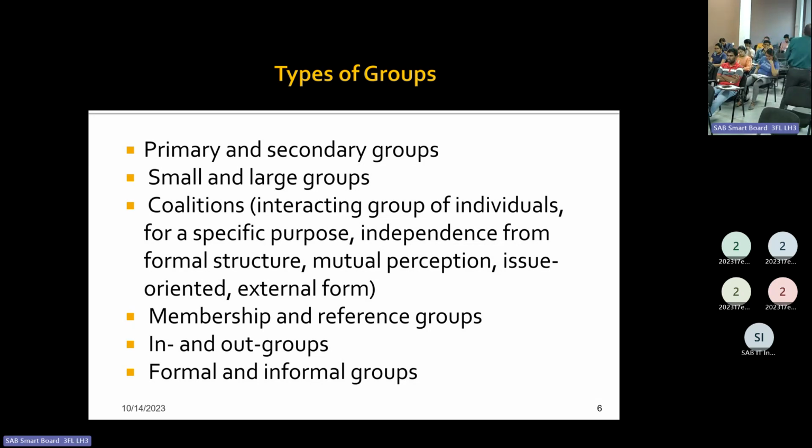But both are existing in an organization. Managers should not separate them. Sometimes a lot of benefits can be provided by the informal groups. Informal communication also is providing very interesting information. It is faster than the formal process. Here also informal groups may provide a lot of benefits for both managers and employees.